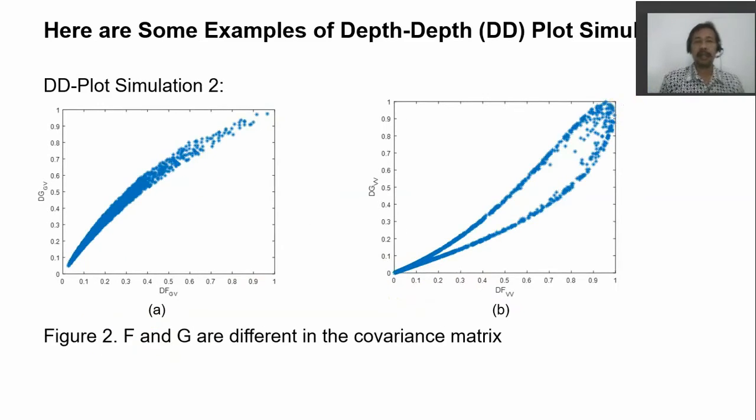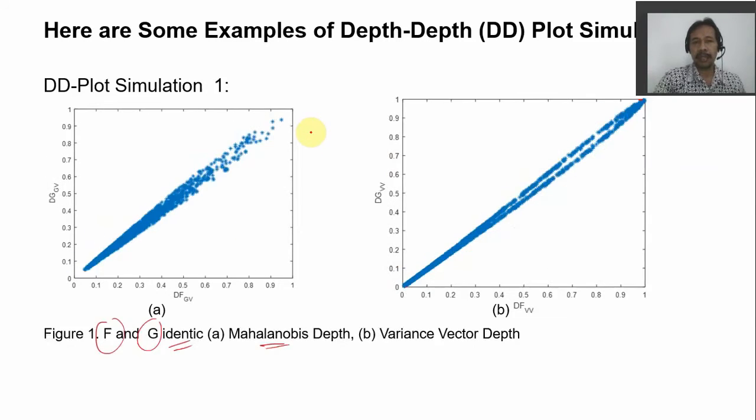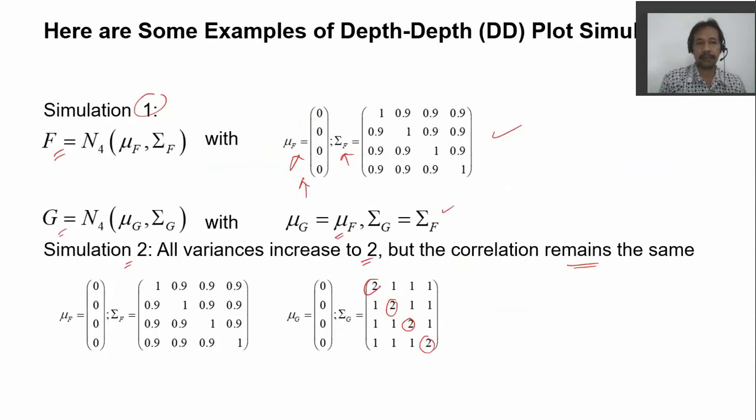Okay, then scenario number 2. As we know, in scenario number 2 all variances increase to 2.